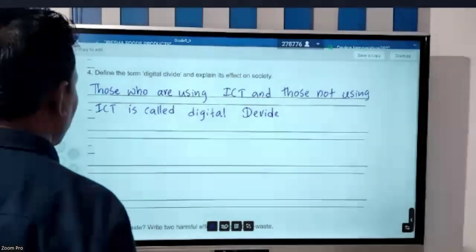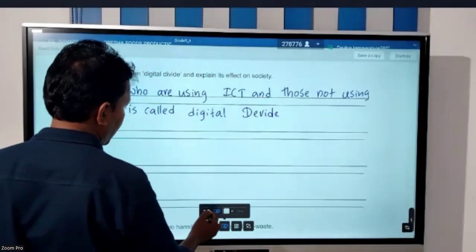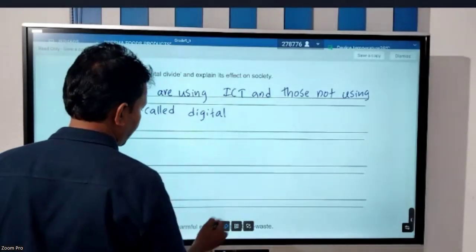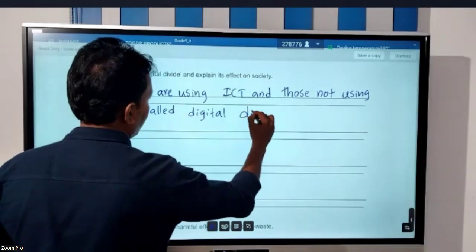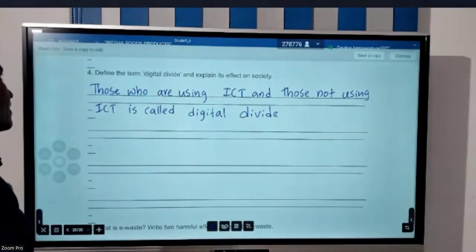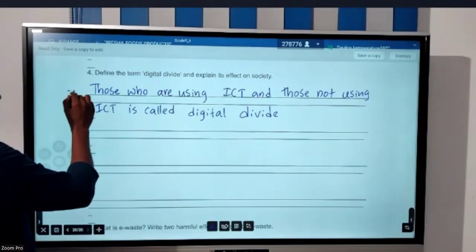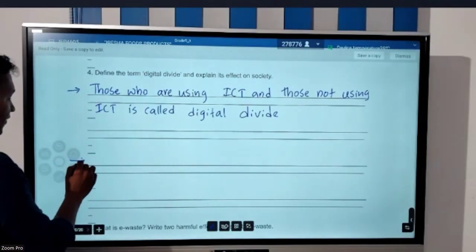Those who are using ICT and those who are not using ICT is called digital divide. And explain its effects to the society. Right? What is the effects to the society?